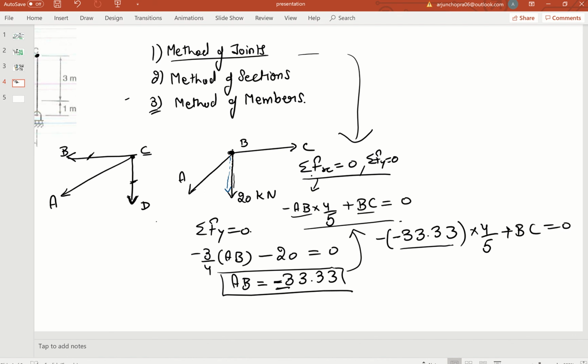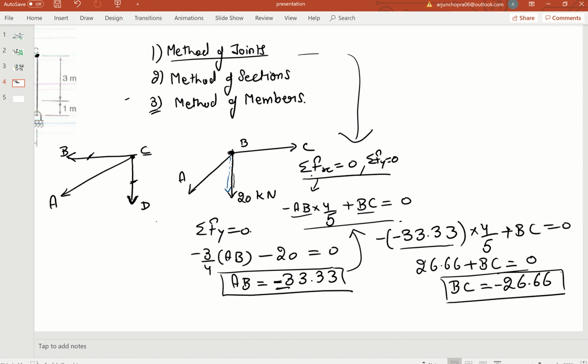Now if I do a bit of calculation, 33.33 times 4 divided by 5 gives me positive 26.66 plus BC equal to 0. So BC value will come out to be negative 26.66.